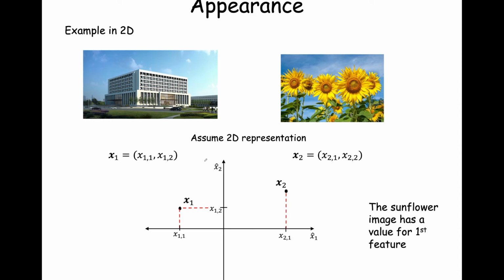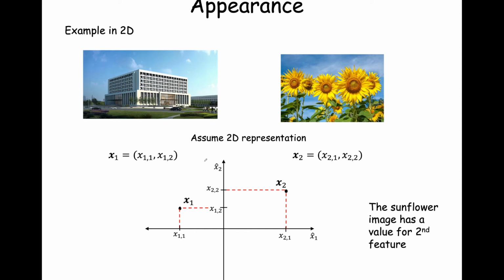Likewise, we do the same thing with our sunflower. It has a value for the first feature, which is its projection along the first axis, its value x21, and it has its projection along the second axis, which is the second feature in this representation, value x22.